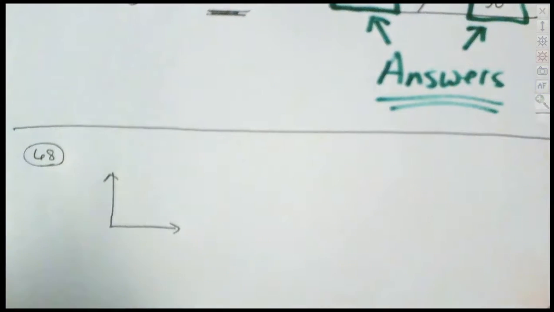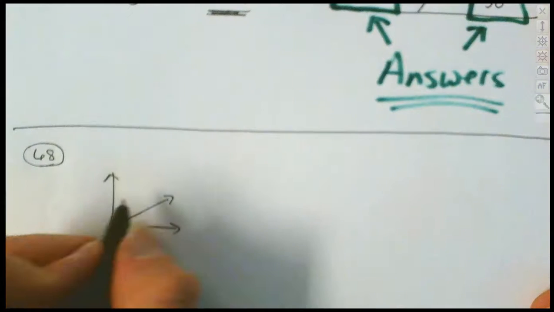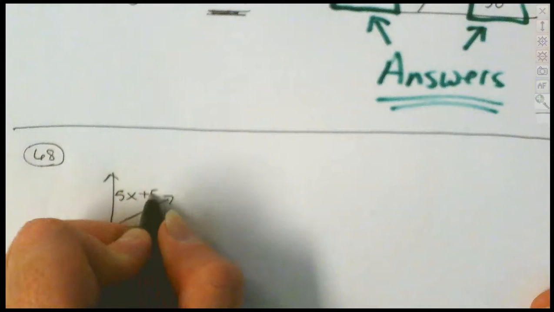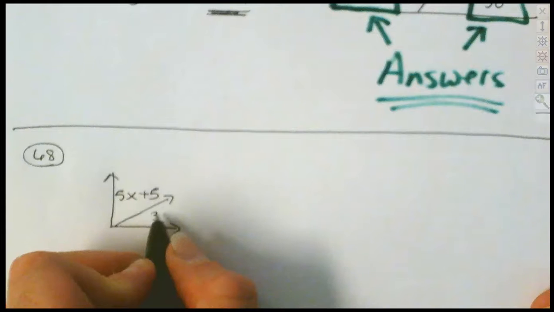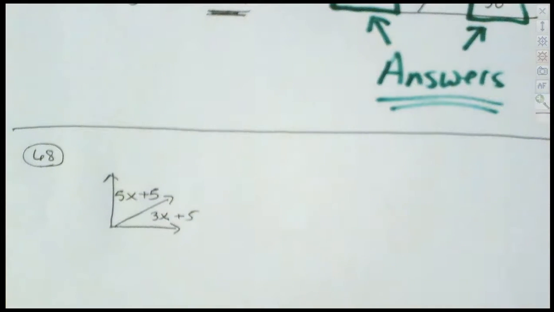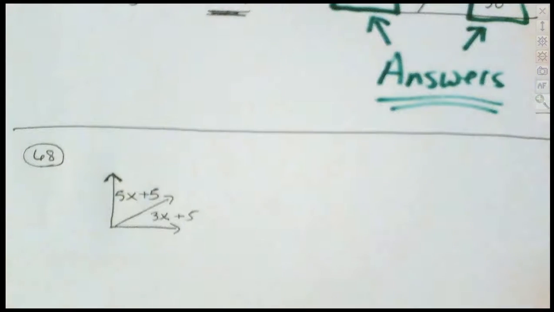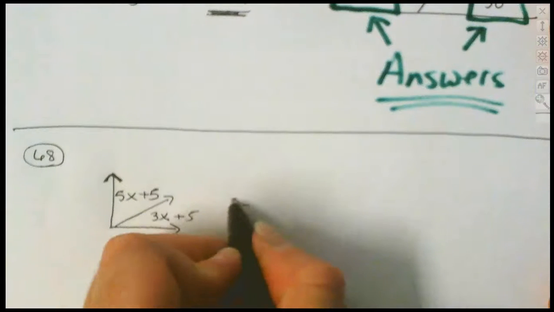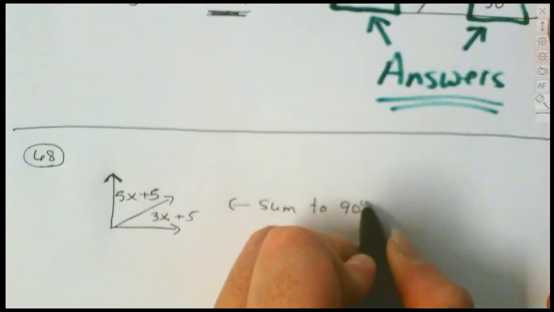This is what we've got. Here's our angle here. And we've got 5x plus 5, and we've got 3x plus 5 as well. And we know that this one is going to sum to 90 degrees, right?